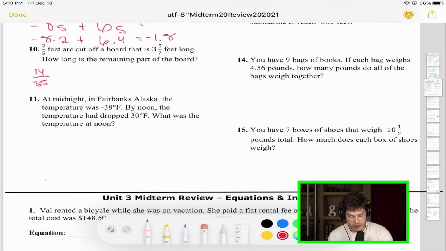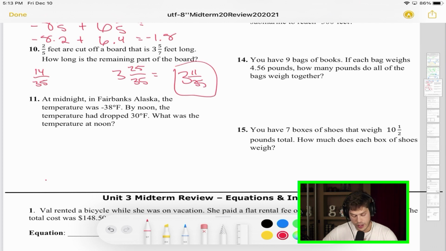And 3 5/7 is going to be 3 25 35ths. If we are subtracting 14 35ths, we will be left with 3 11 35ths. So 3 11 35ths is what we have remaining. We are subtracting 14 35ths from 3 25 35ths.